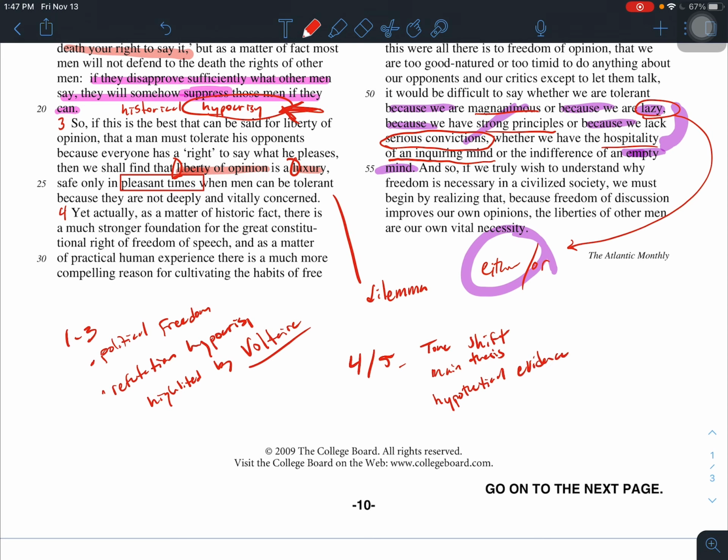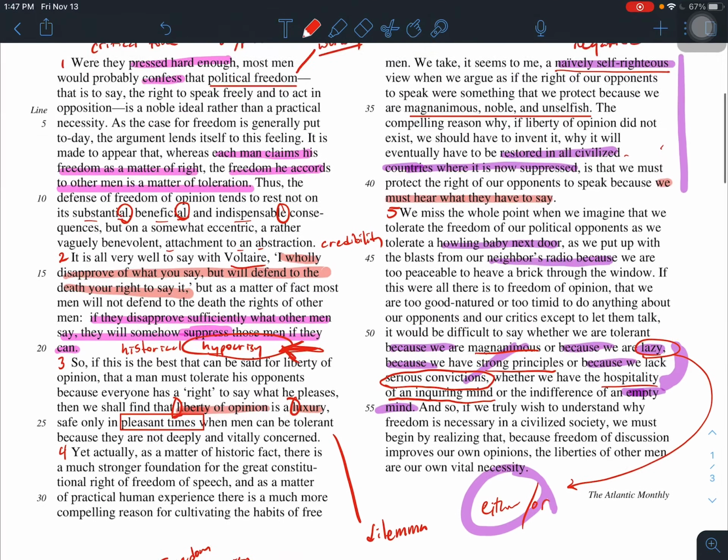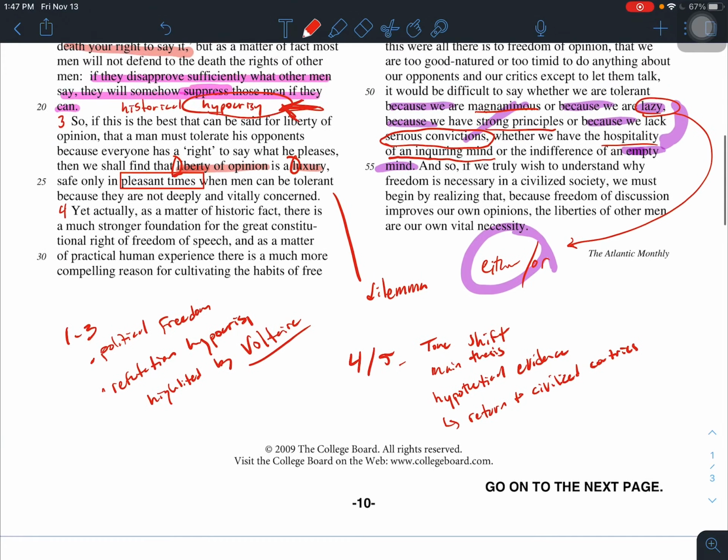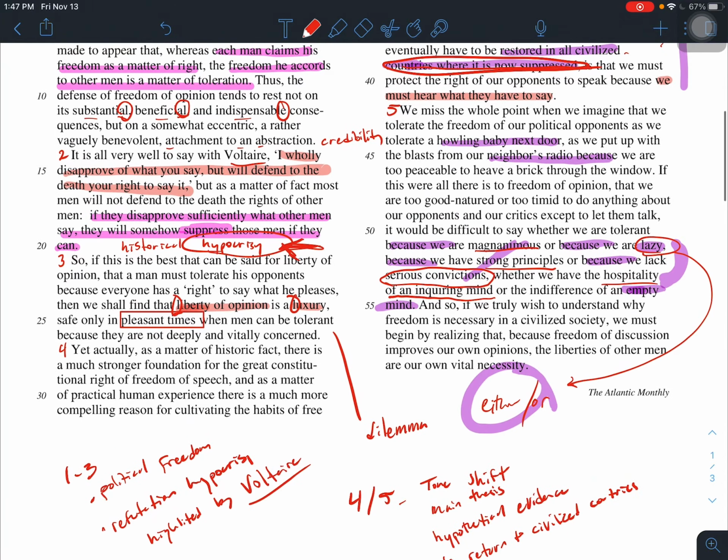Okay. And then you might also throw in the return of this idea to countries where it is now suppressed. And then I would talk about that.